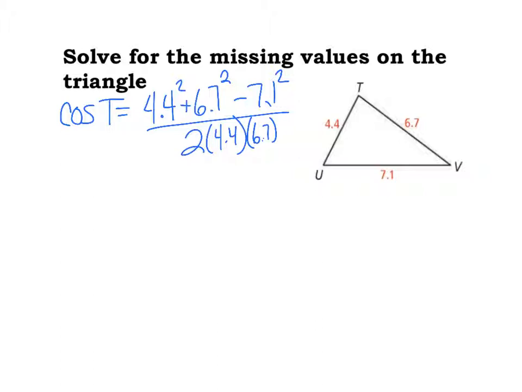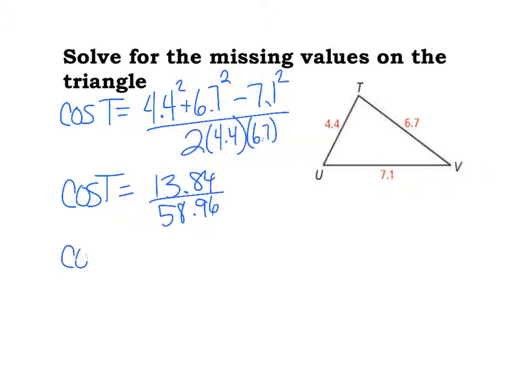Now I'm going to do this a little bit in parts because I don't want you to get goofed up in your calculator. I go 4.4 and hit my squared button, plus 6.7, squared, minus 7.1, squared, enter. That's 13.84 is what I get for that. Then the denominator, 2 times 4.4 times 6.7, and I get 58.96.